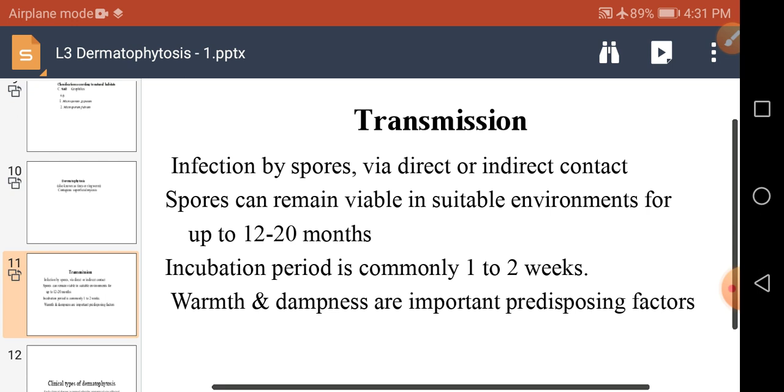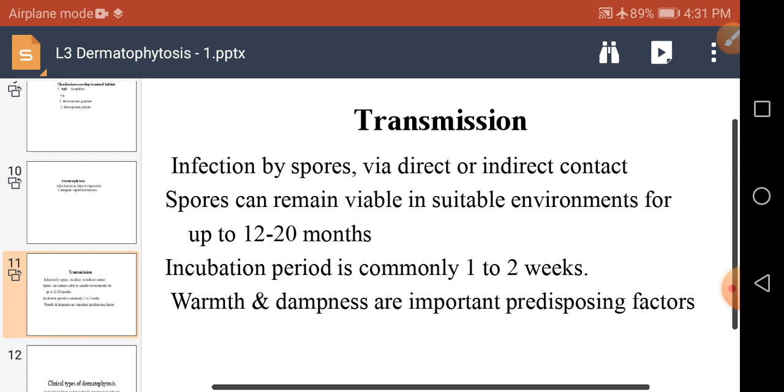Indirect contact through fomites. Fomites are the things that are used by the person commonly, like clothes, shoes, hair brushes, and so on. They carry the spores from the source of infection to the healthy person to be infected.